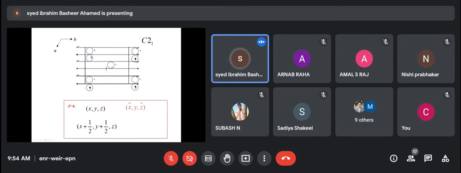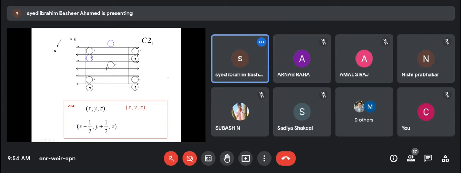If I apply 2-fold rotation, it will come here. Is it clear? Yes, sir. So I am putting it here, and the sign, everything will be the same. Whether I put it here or here, it is going to be the same only.